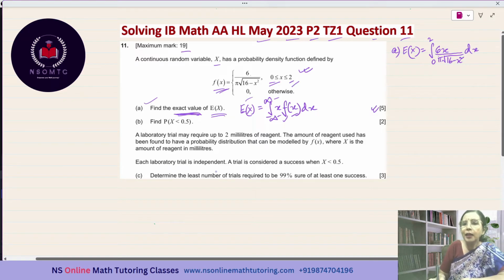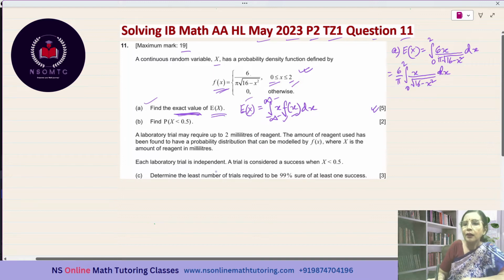And I am taking out the 6 over pi portion, it is just the coefficient. So the integral from 0 to 2 of x over square root of 16 minus x squared, dx.